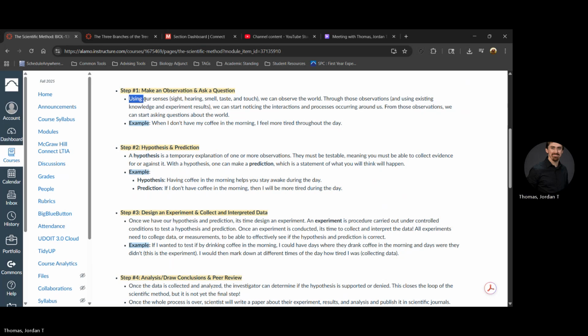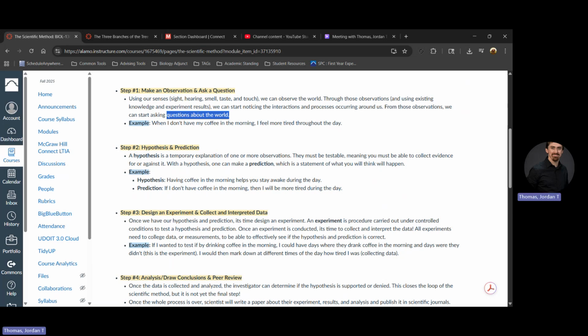For making an observation, we use our senses, our sight, hearing, smell, taste, and touch to observe the world. And through those observations, we can start noticing things. We can start noticing interactions, noticing processes that occur around us. From those observations, though, that's where we can start asking questions.